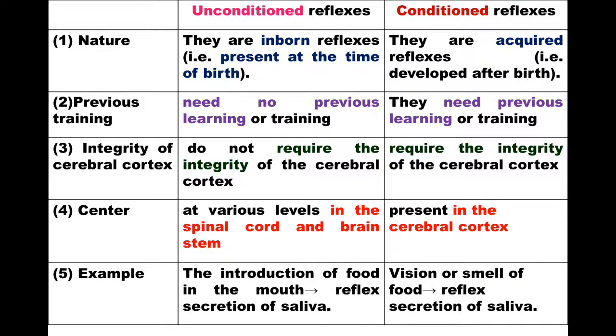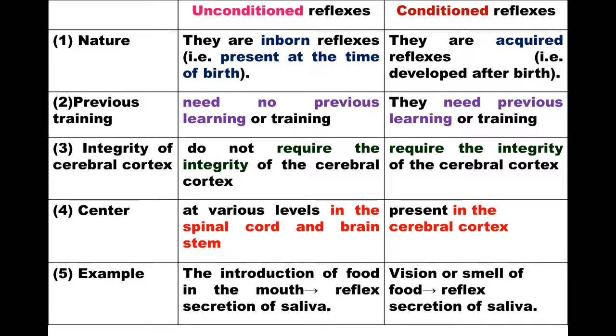So the differences between the unconditioned and conditioned reflexes include the following. First, the nature. The unconditioned are inborn reflexes, meaning they are present at birth, while conditioned reflexes are acquired reflexes, meaning they develop after birth. Previous training: unconditioned reflexes need no previous learning or training, while conditioned reflexes need previous learning or training.